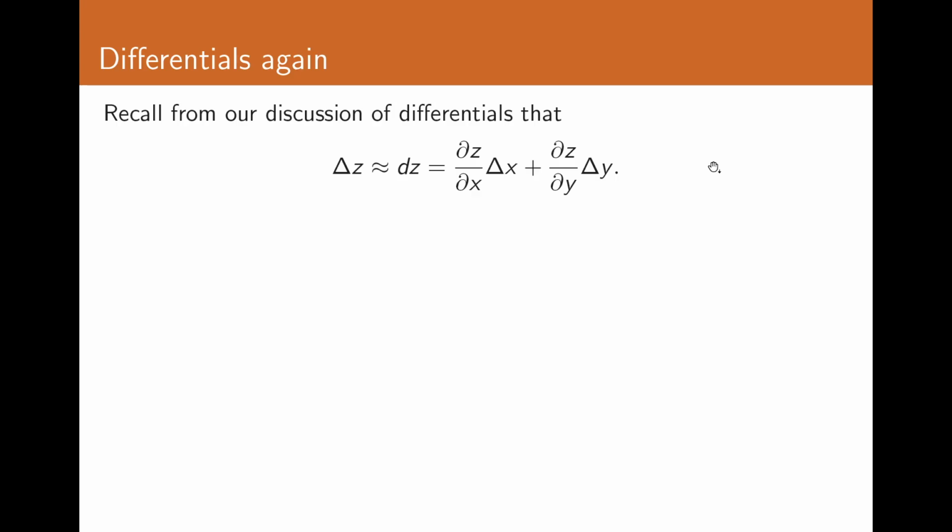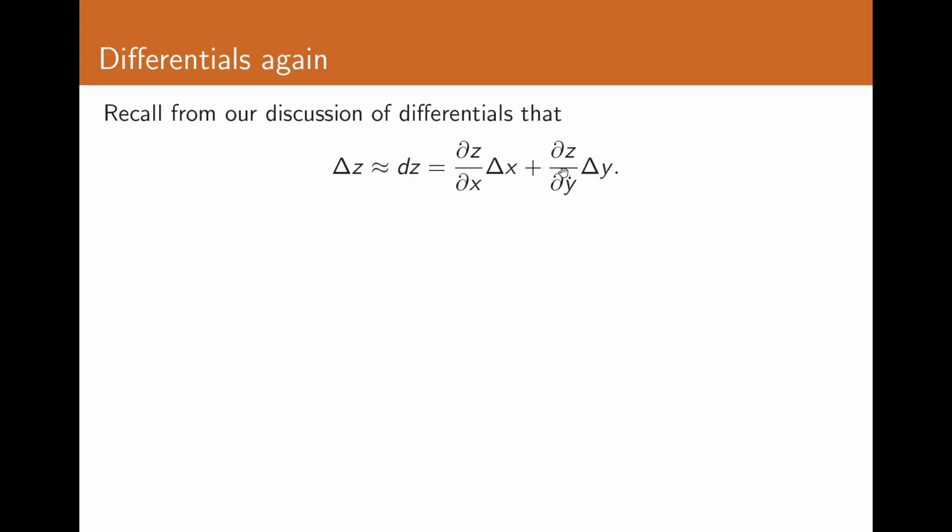Back when we looked at linear or tangent line approximations and differentials, recall that we saw that delta z is approximately dz, which was the partial of z with respect to x times delta x, plus the partial of z with respect to y times delta y. You can go back and look at that from the section on differentials with multiple variables.